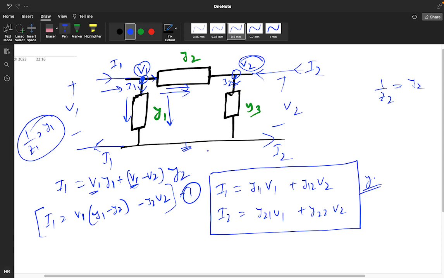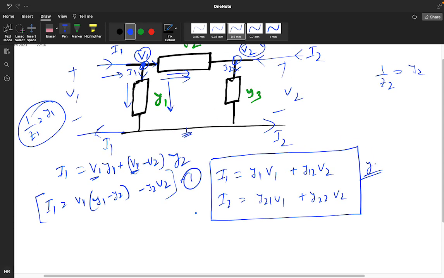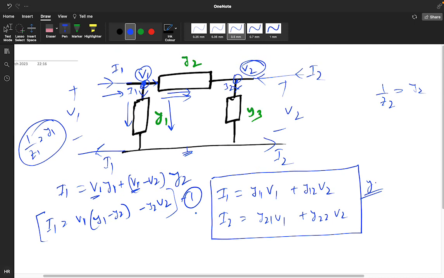Same thing you have to apply for junction J2. So what will be the answer? I2 is the incoming current. This current is outgoing, and this is also incoming current.